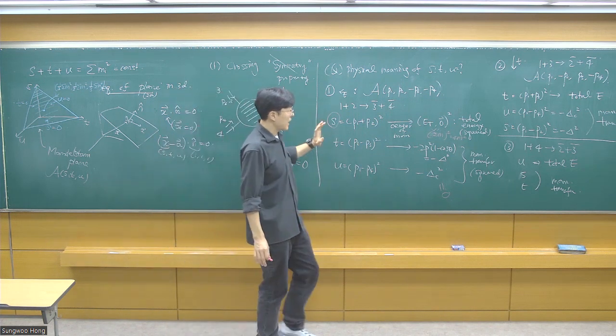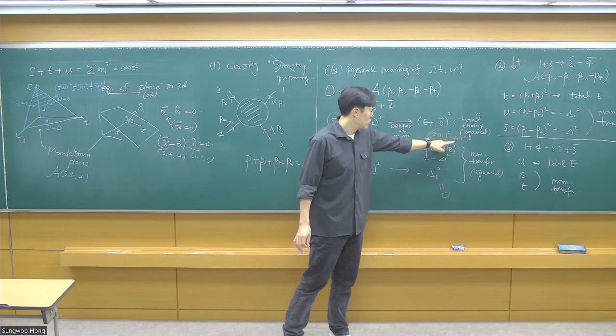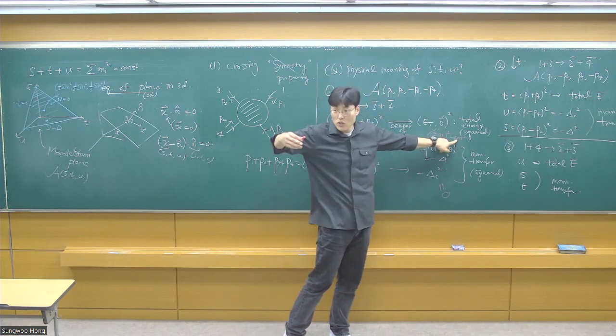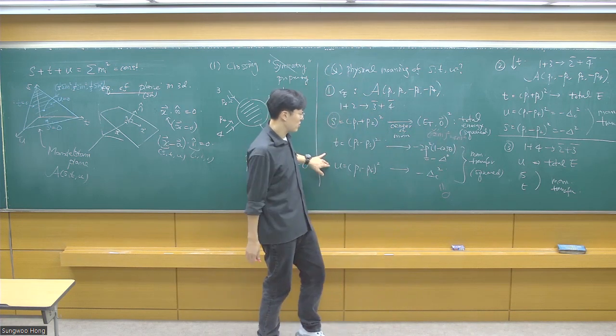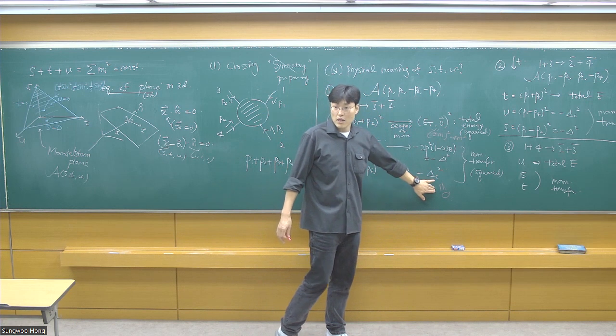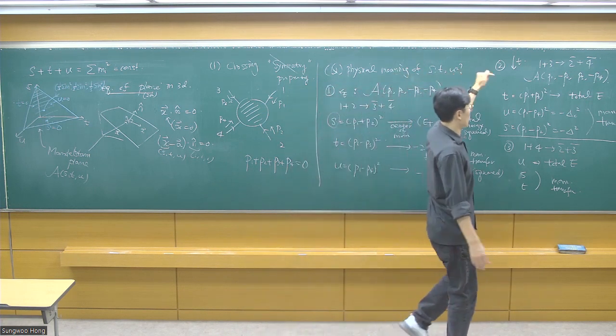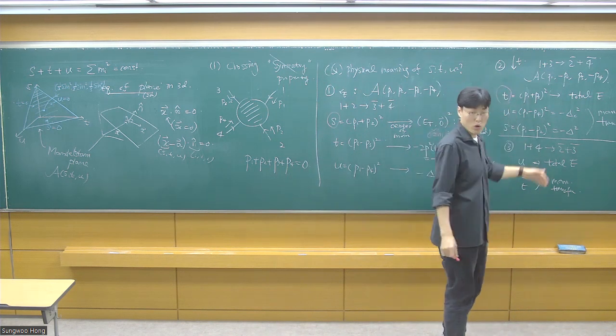Then S, not only being equal to or greater than 0, should actually be greater than or equal to 4 times m squared, where m is the mass of each particle. On the other hand, T and U, now being the momentum transfer, should be less than or equal to 0. Clear? If we look at the other channel, the 1 plus 3 way of reading it, T plays the role of total energy.